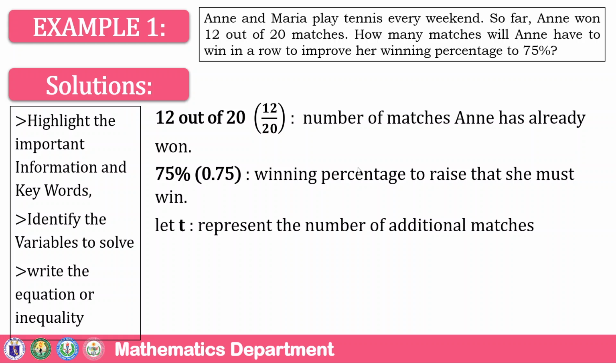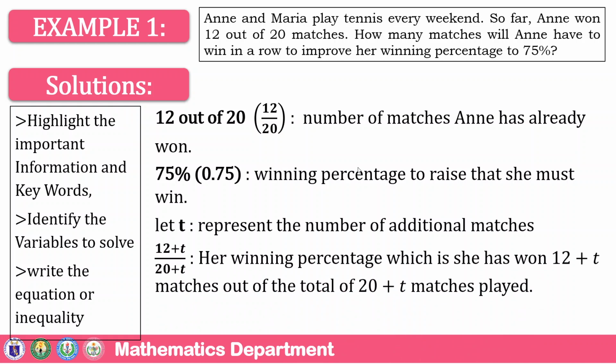So, mangyayari dyan, we have 12 plus t over 20 plus t. So, that is the winning percentage, which is she has won out of the total number of matches they played.